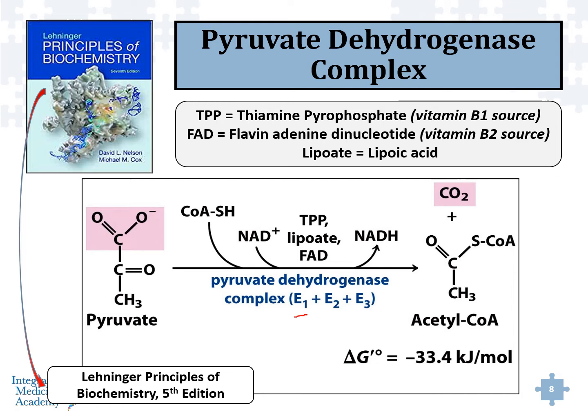And it's a complex because it has different components that work in unison to convert pyruvic acid to acetyl coenzyme A. And so each one of these components, E1, E2, E3, is linked to different nutrients that are associated with this enzyme complex.